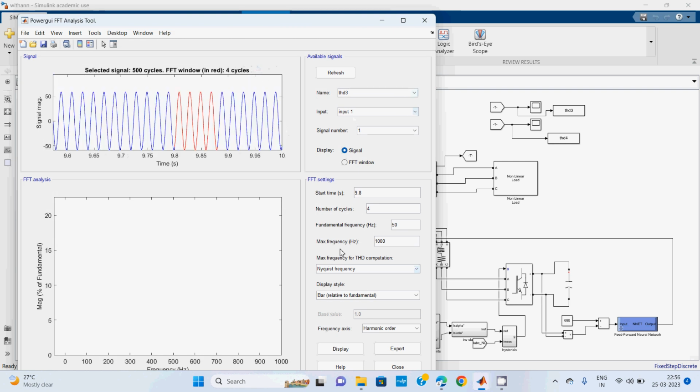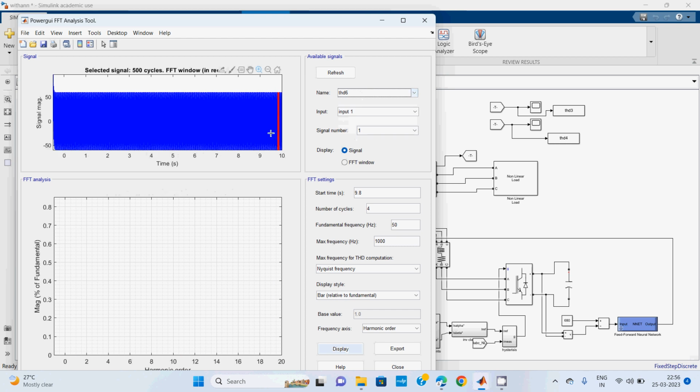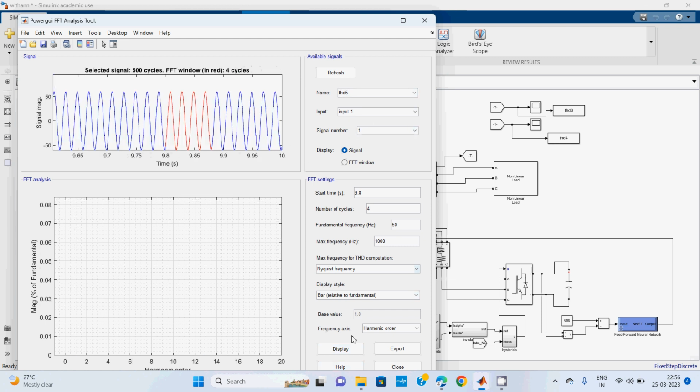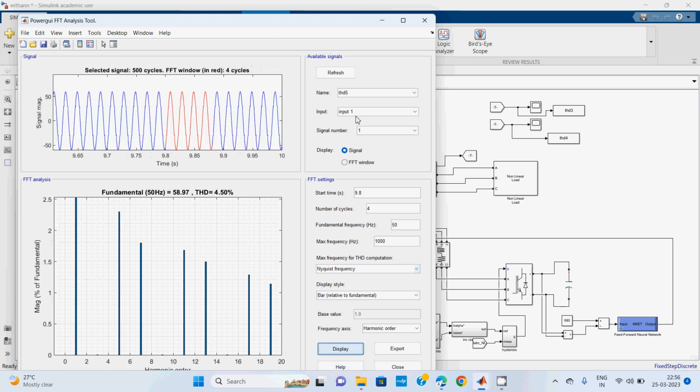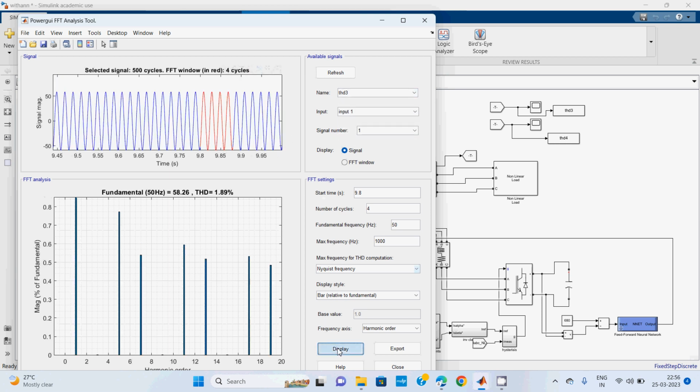Previously, while taking the PI controller, the THD value was 4.5 percent. By using the feed forward neural network, the THD value is 1.89 percent. So the total harmonic distortion is reduced by using the advanced controller. That is the advantage of the ANN controller over the PI controller.